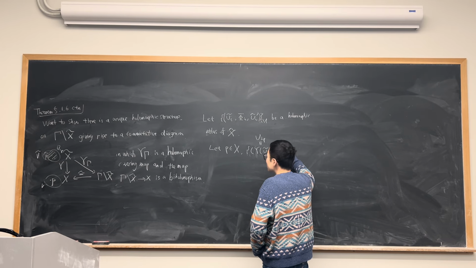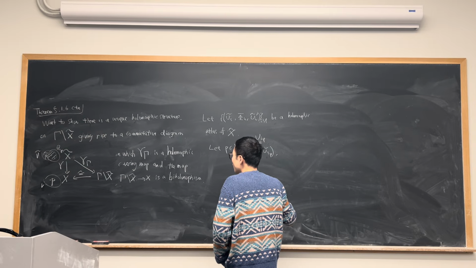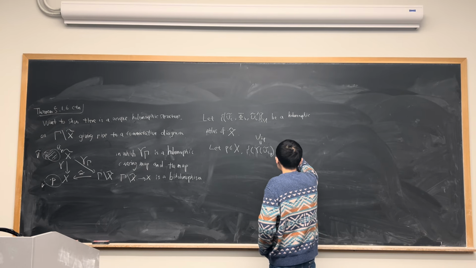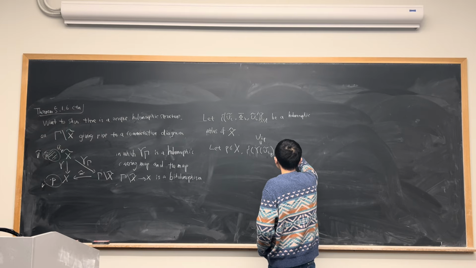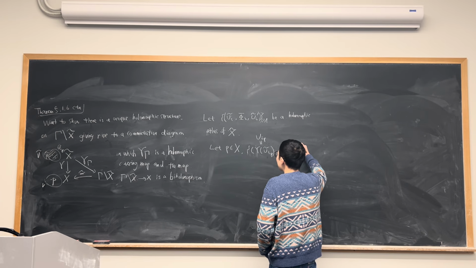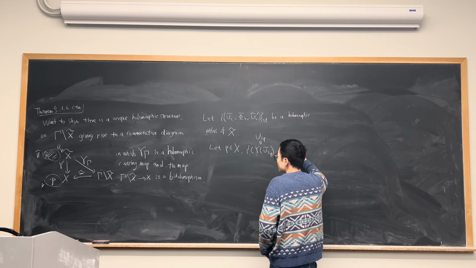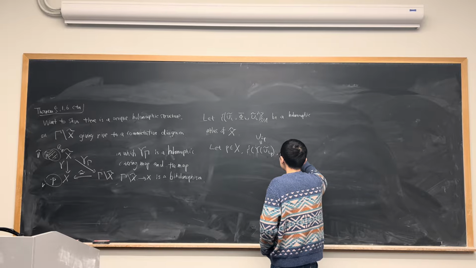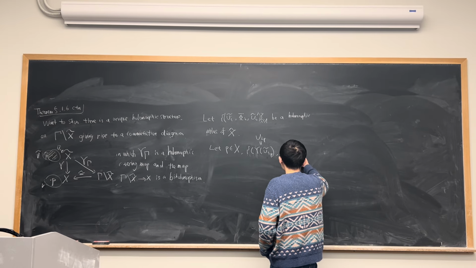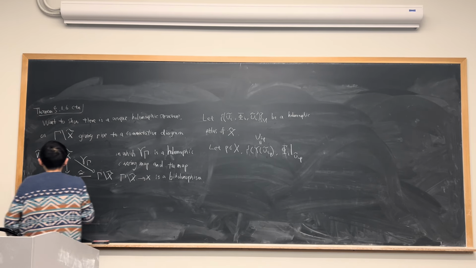This phi basically is phi_i restricted on U_iP.